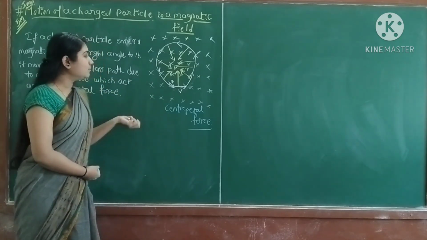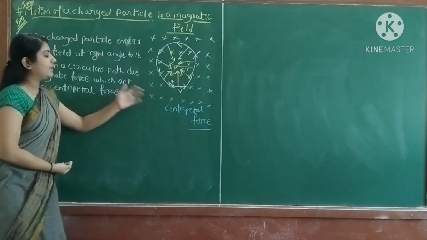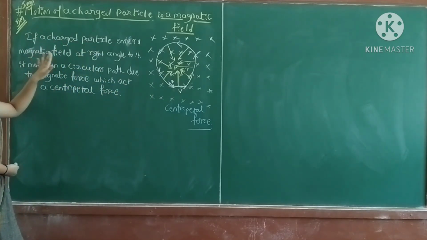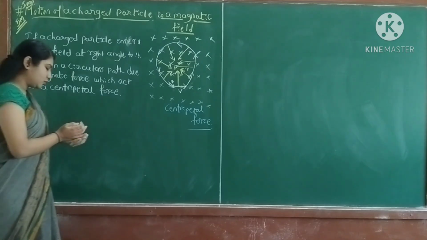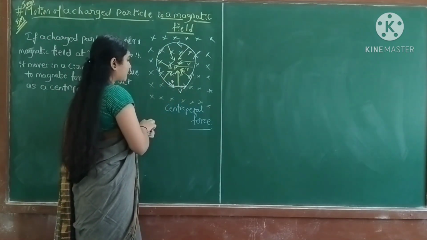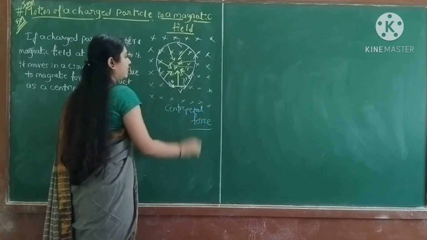Understood? So this I can write as: if a charged particle enters a magnetic field, ಇಲ್ಲಿ charged particle move ಆಗ್ತಾ ಇದೆ ಅಂದ್ರೆ of course there is a presence of the magnetic field.